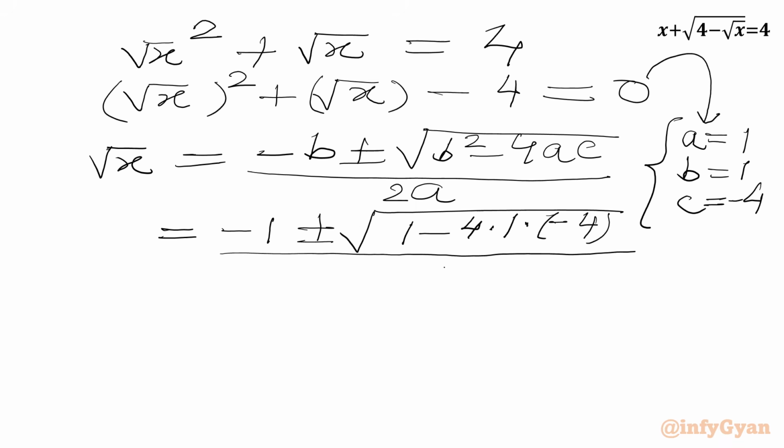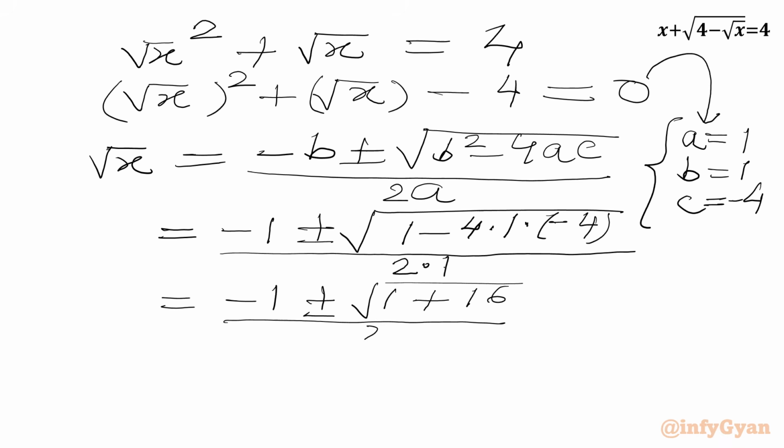Denominator is 2 times 1, so 2 times 1 will be equal to minus 1 plus minus square root of 1, minus times minus becomes plus, 4 times 4 is 16, over 2 times 1 is 2. Or we'll be writing minus 1 plus minus square root 17 over 2.